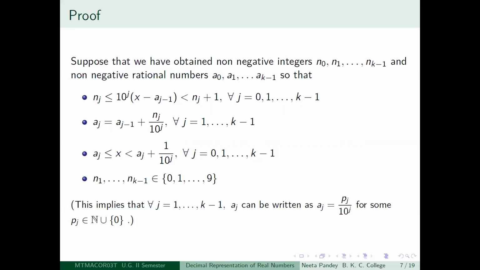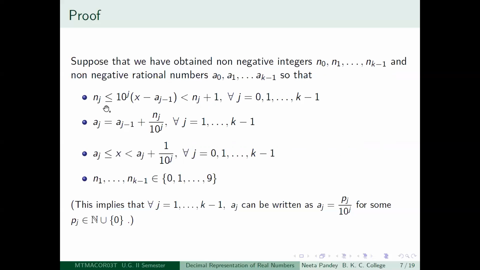Okay, so what I said, that proof, we will do the proof by induction. I'm just listing out what we have. Suppose we have got non-negative integers n0, n1, etc., nk minus 1, and non-negative rational numbers a0, a1, etc., ak minus 1, which satisfy these properties. I am just writing down the properties by which we did the first three stages.